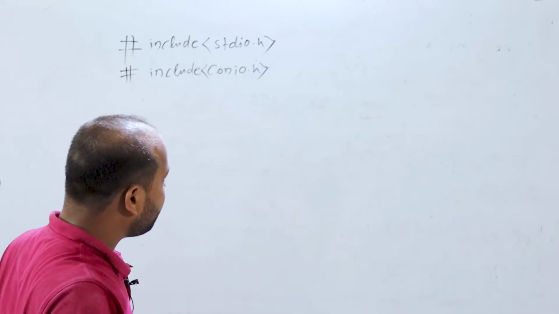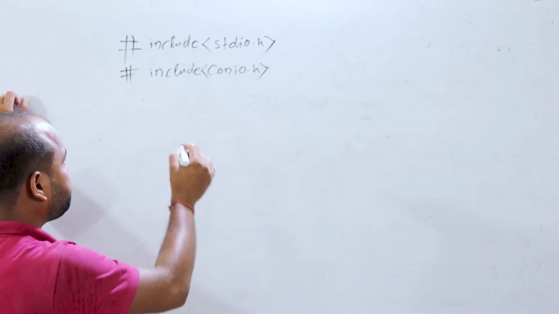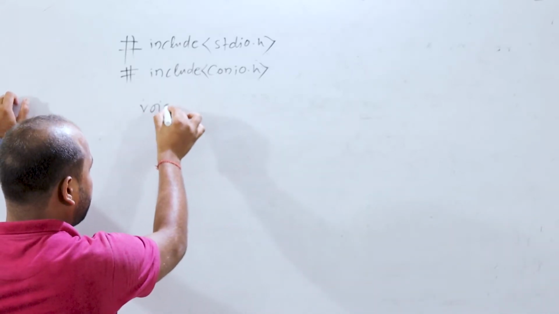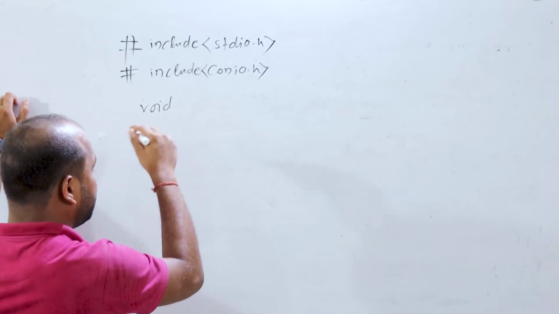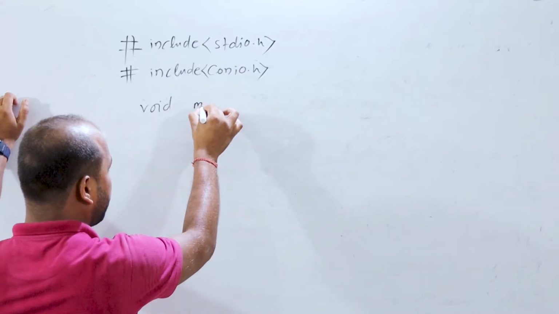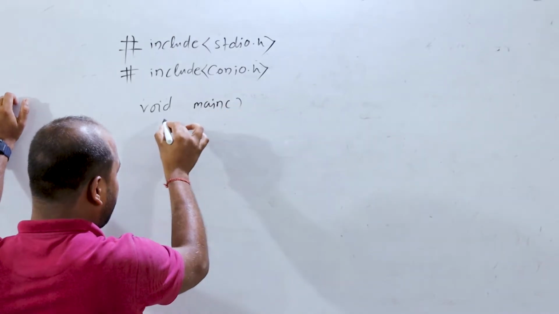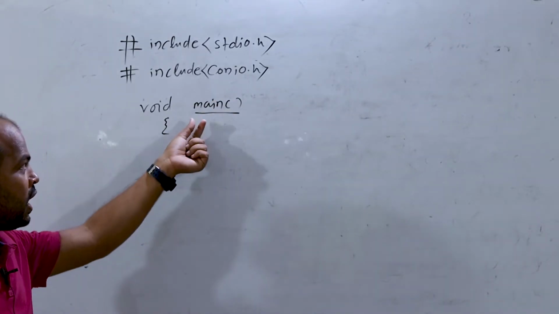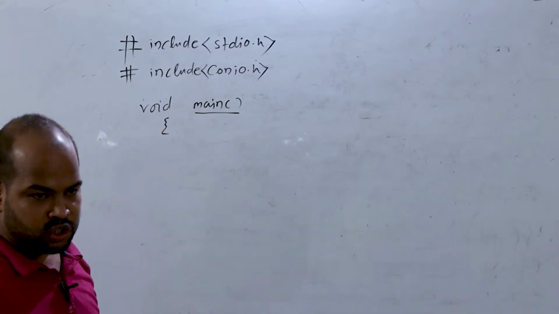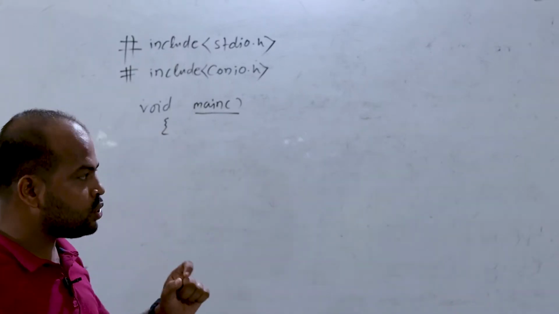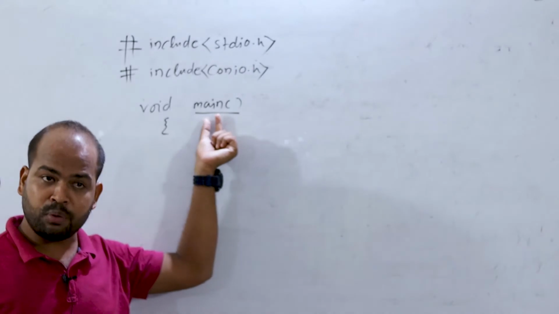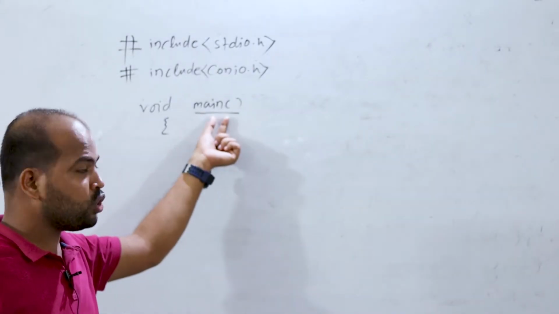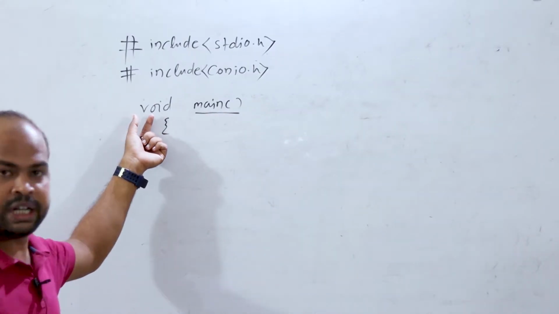Then after that you have to write a function, that is void main. Void is known as the default return type. So this is called a function. Why do we write the main function? The program execution starts from the main function, and each function should have a return type.